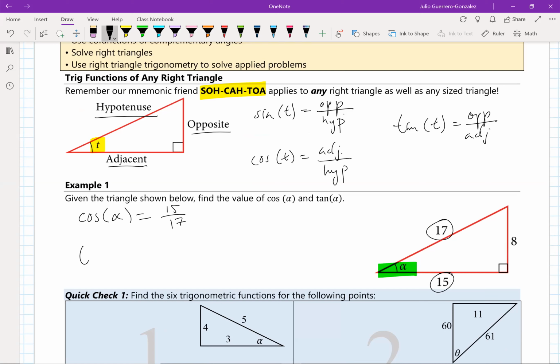And then tangent of some angle alpha is the opposite over the adjacent. Notice that we're calling opposites and adjacents relative to where our angle is. The side that is opposite this angle alpha is the 8, and its adjacent is 15. So 8 over 15 there. We're done.